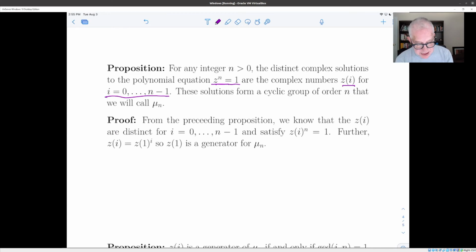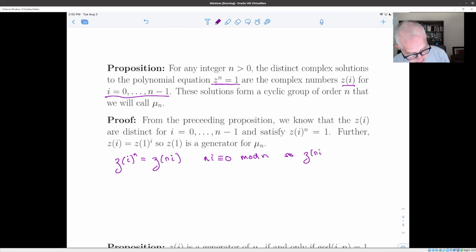And it's easy to check that the z of i are solutions, because if you take z of i to the n, that's z of n times i. But n times i is certainly congruent to 0 mod n. So z of ni is certainly equal to 1. So if you raise any of these z of i's to the nth power, you get 1.